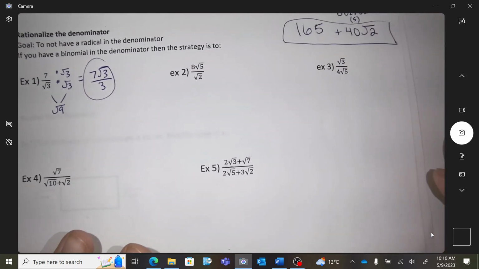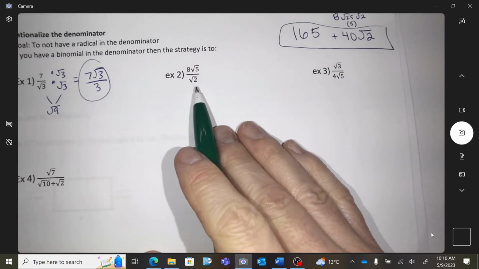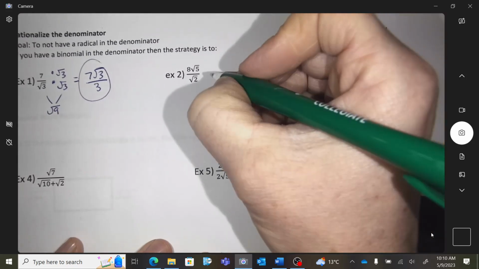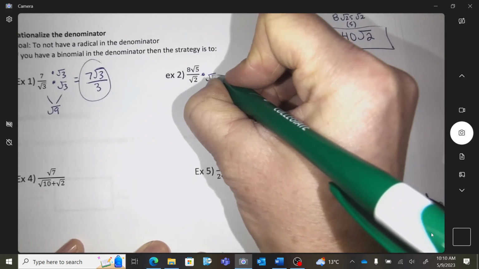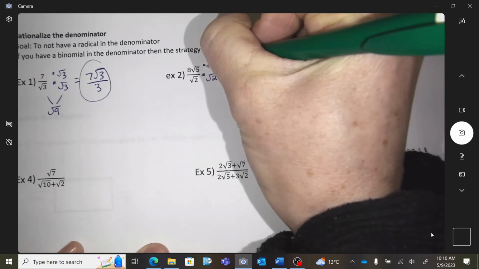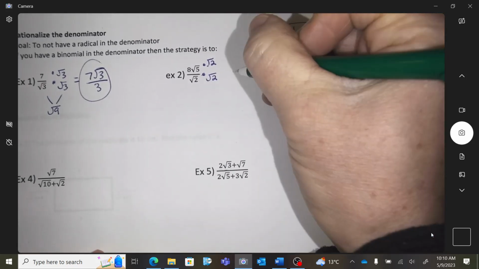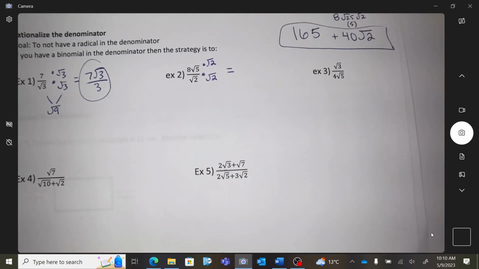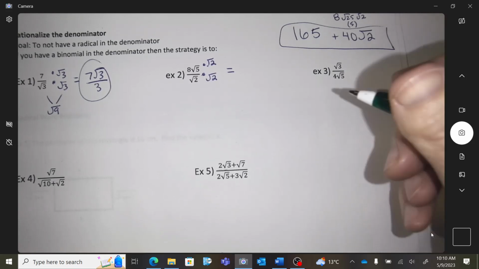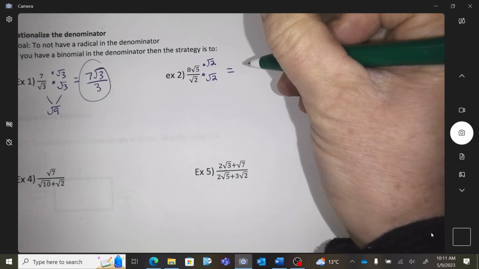Okay, ready? The next one, I don't like the root 2 on the bottom, so I'm going to times it by a root 2 on the bottom. But if I do that, I also have to do that to the top. Which will make, think whole numbers, separating them in your brain, right?